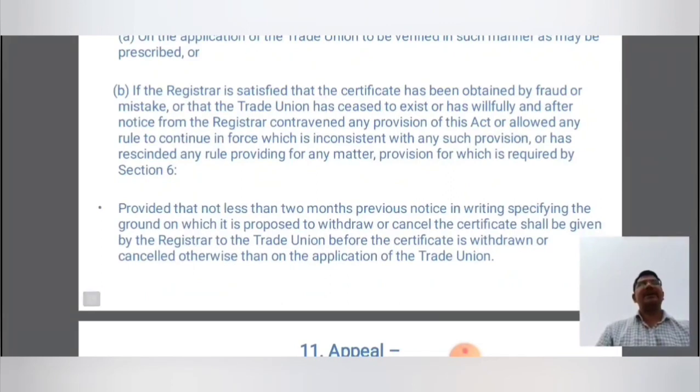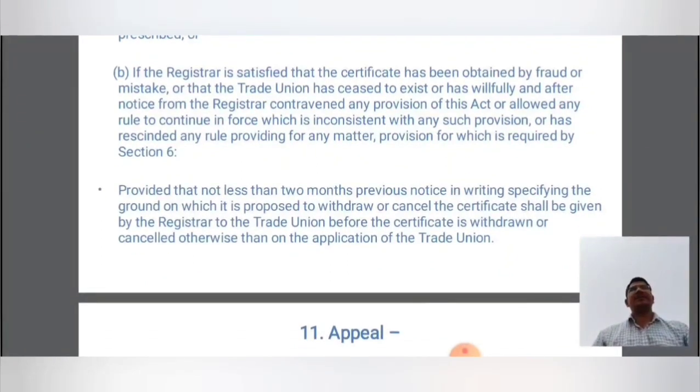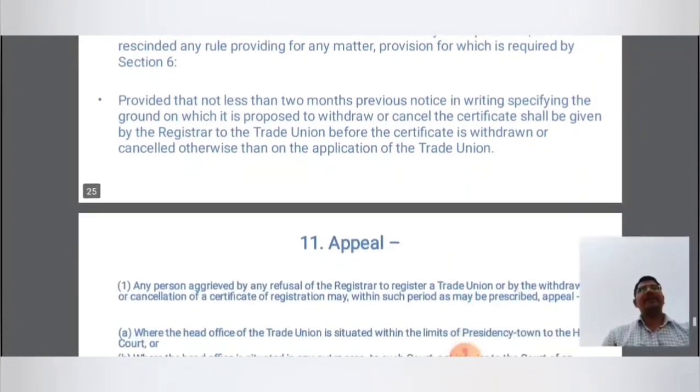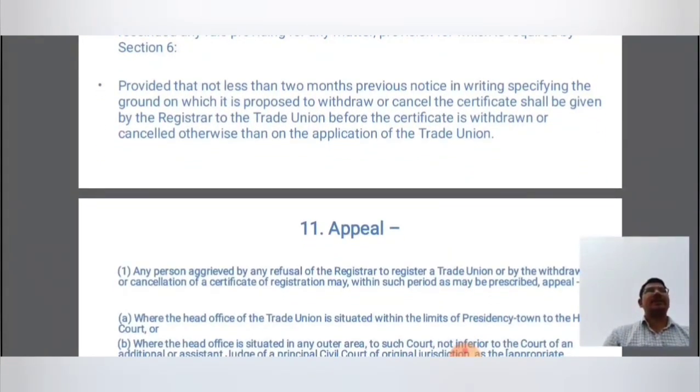Or if the registrar is satisfied that the certificate has been obtained by fraud or mistake, or that the trade union has ceased to exist, or has willfully and after notice from the registrar contravened any provision of the act, or allowed any rule to continue in force which is inconsistent with such provision, or has rescinded any rule providing for any matter for which provision is required by section 6, provided that not less than 2 months' previous notice in writing specifying the ground on which it is proposed to withdraw or cancel the certificate shall be given by the registrar to the trade union before the certificate is withdrawn or cancelled otherwise than on the application of the trade union.